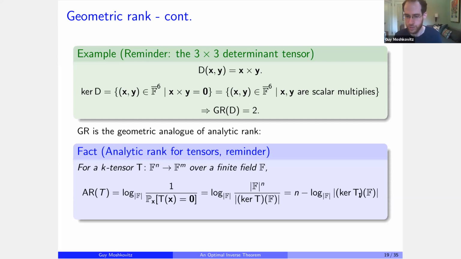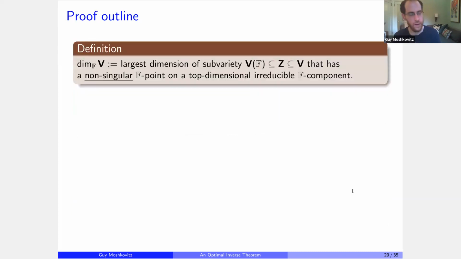Okay, so let me give you the proof outline, and if you follow this, then I did my part. So let me just give you the gist of it. We will need one important definition. For a variety V, we're going to define dim sub F. F is going to be the finite field.